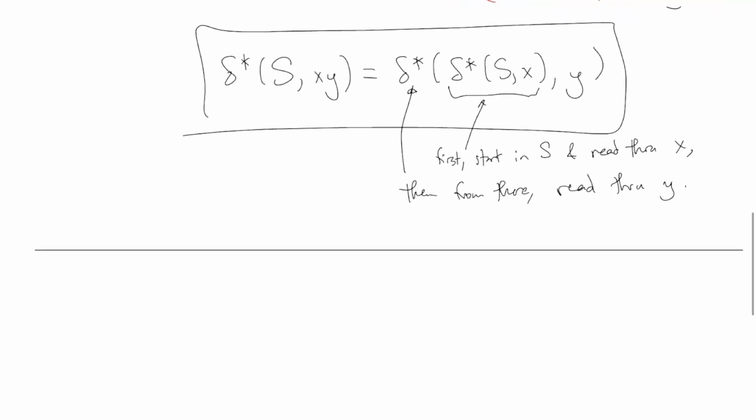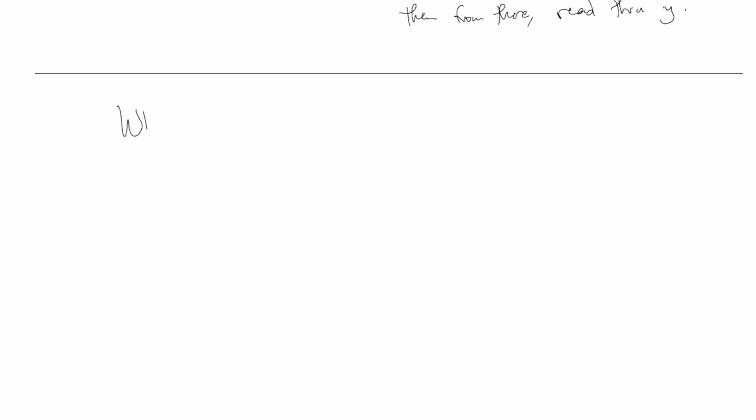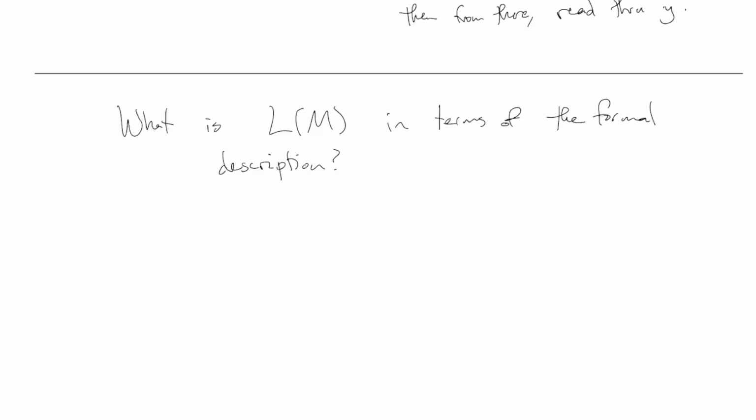We should also define formally what is L of M in terms of the formal description. L of M, remember, is the set of strings which are accepted by the machine. It is the language accepted by the DFA.